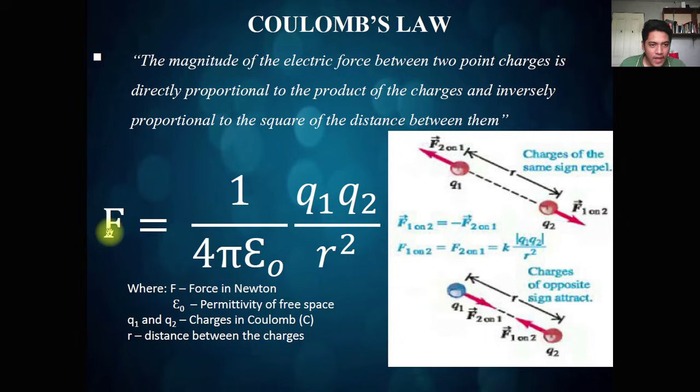Here we can see that F is equal to 1 over 4 pi epsilon sub 0, where epsilon sub 0 is the permittivity of free space, with a value of 8.854 times 10 raised to negative 12 farads per meter. Don't worry about the farads per meter; we will discuss it in capacitors, or capacitance. Q1 and Q2 are the charges in Coulomb, and r is the distance between the charges.